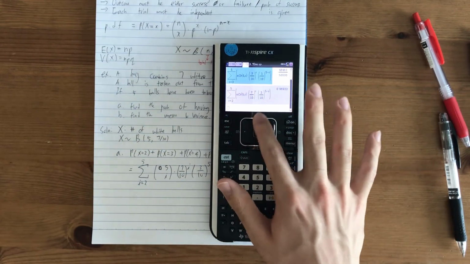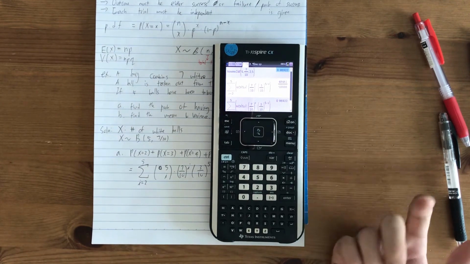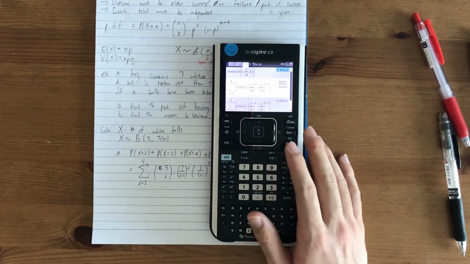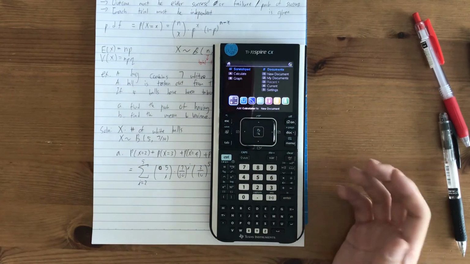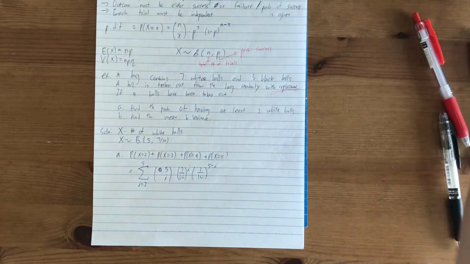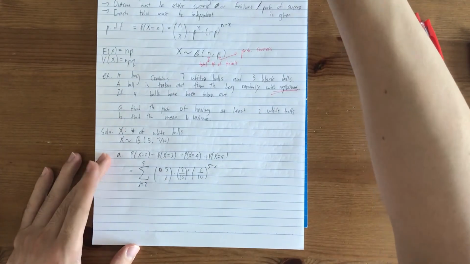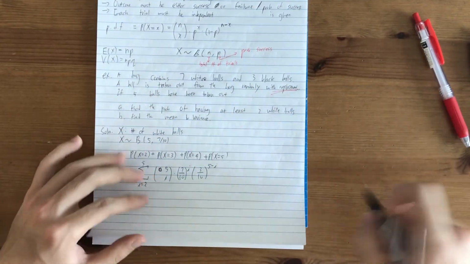They will give you the same answer. Clearly using the function of the calculator is much easier, so you can just use the calculator. So that's an example of binomial distribution.